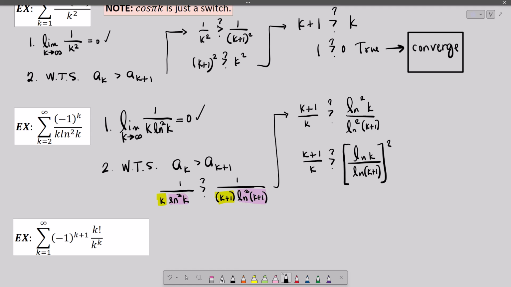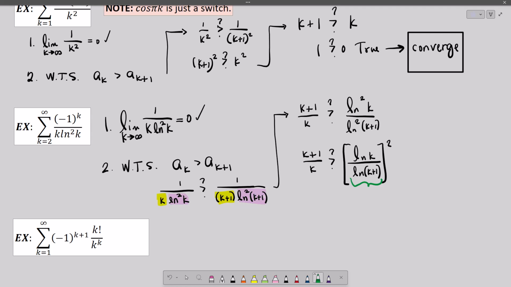Isn't natural log of k plus 1 bigger than natural log of k? Natural log is an increasing function, so if you go a little bit further out, natural log of k plus 1 is a little bit more than natural log of k. So doesn't that mean that what's in here is less than 1? Everyone agree? Less than 1? Because natural log of k plus 1 is bigger than natural log of k.